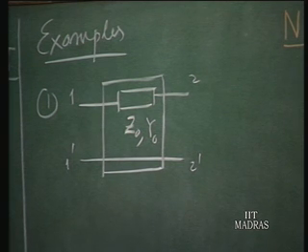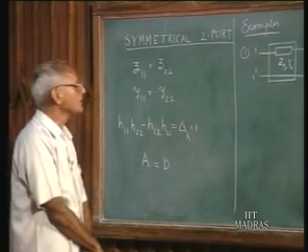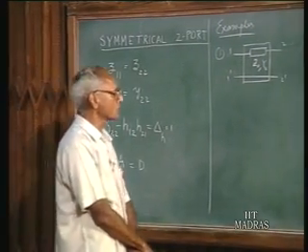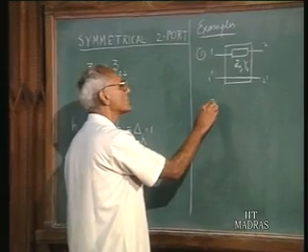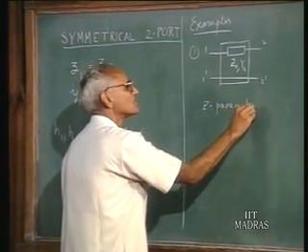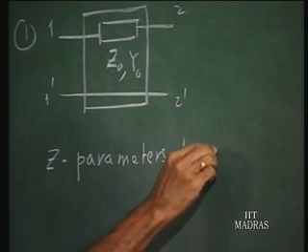So Z11 and Z21 will be infinite. Similarly, it can be shown that Z12 and Z22 are infinity. So all the four parameters are infinite. That serves no useful purpose for us. So simply we say Z parameters do not exist.